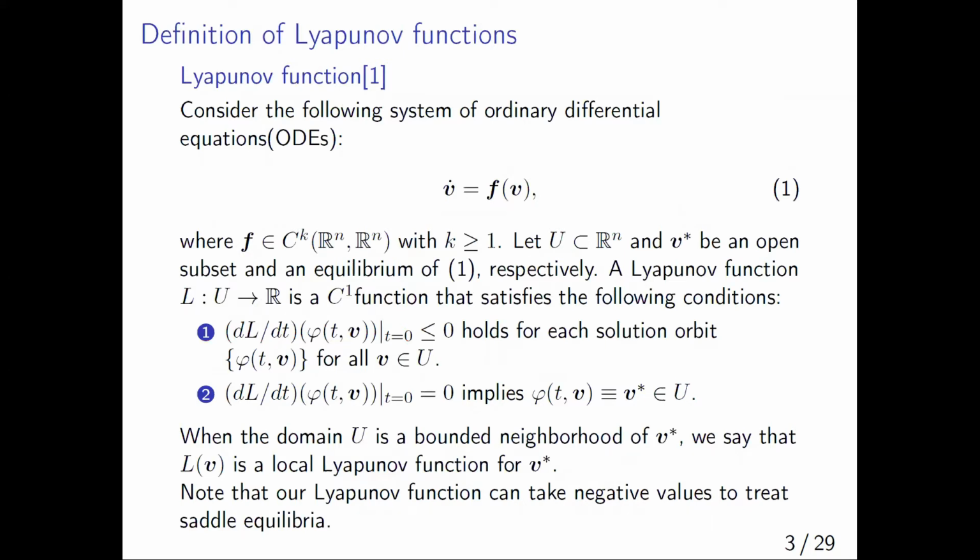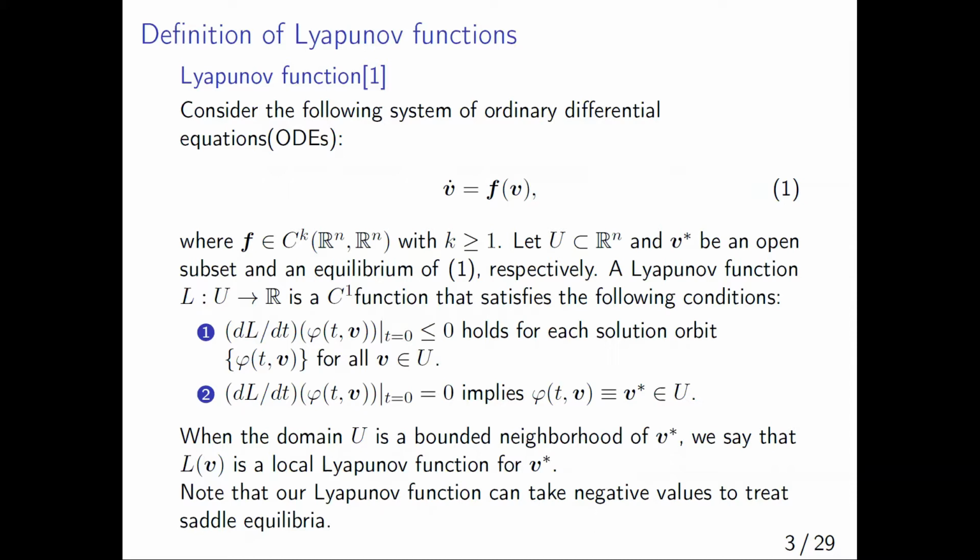Visual definition of Lyapunov functions. Consider the following system of ODEs, where f is the vector field and U is an open subset in R^n, and V star is an equilibrium of this system.